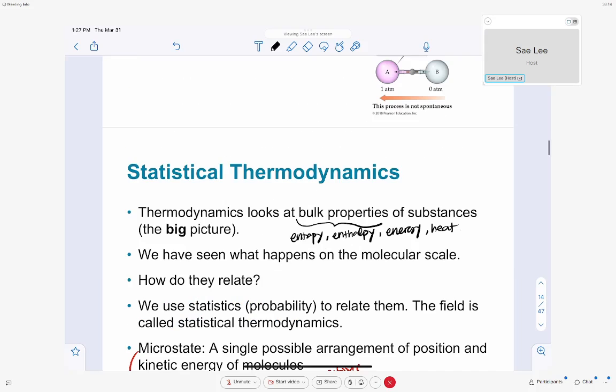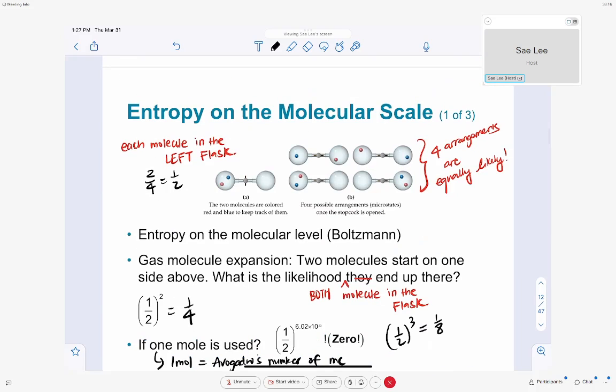For example here, how many possible arrangements are there? 4 different arrangements are possible, so we say 4 microstates for this.